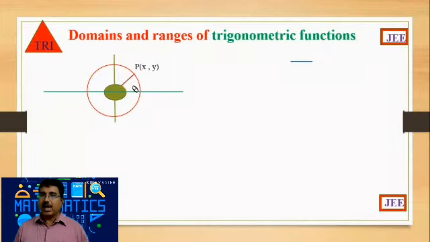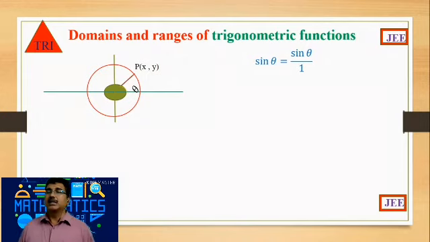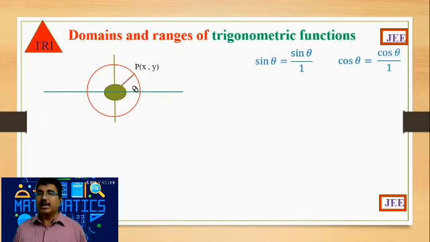Now, how to find the domains of sine theta, cos theta and tan theta? Sine theta is equal to sine theta by 1, cos theta is equal to cos theta by 1. See here, is theta present in the denominator or not?